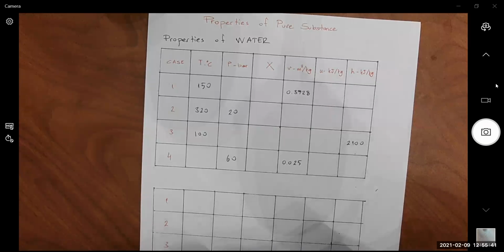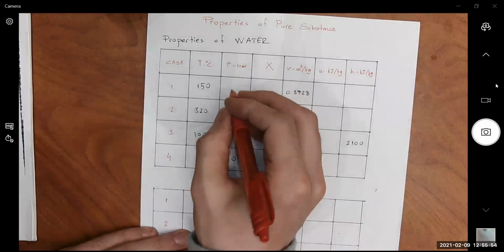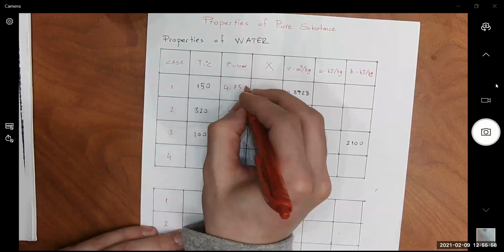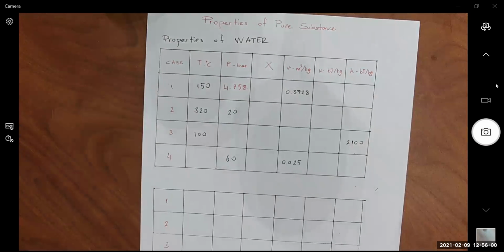On a saturated vapor line, which means that our pressure is the saturation pressure given at the table. So we can write 4.758 bar. Okay?